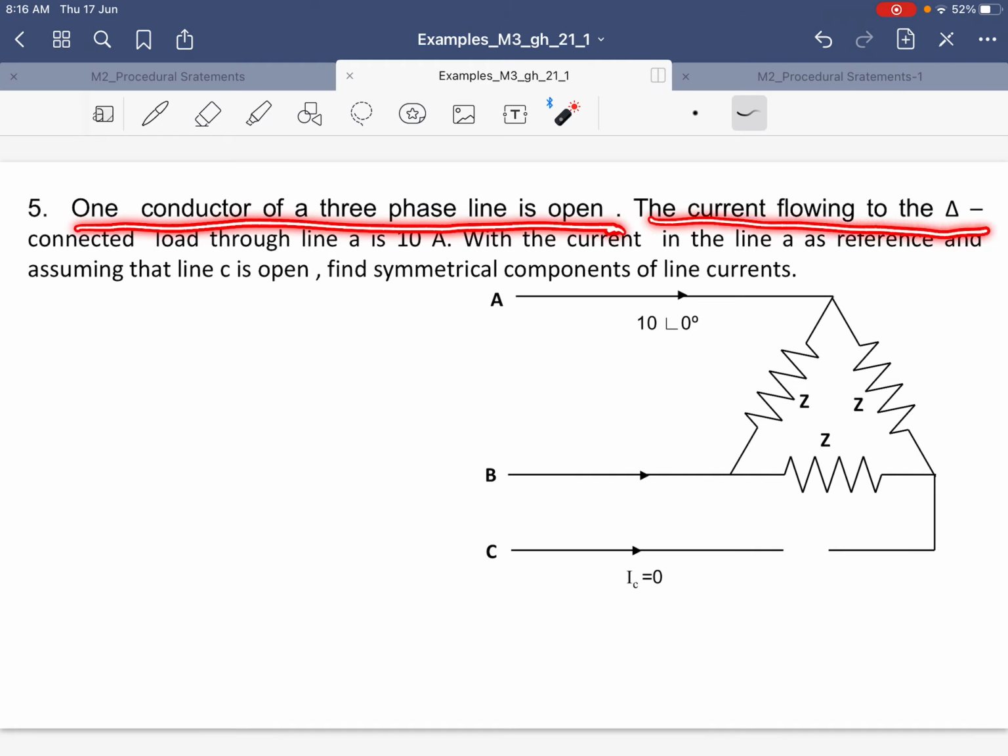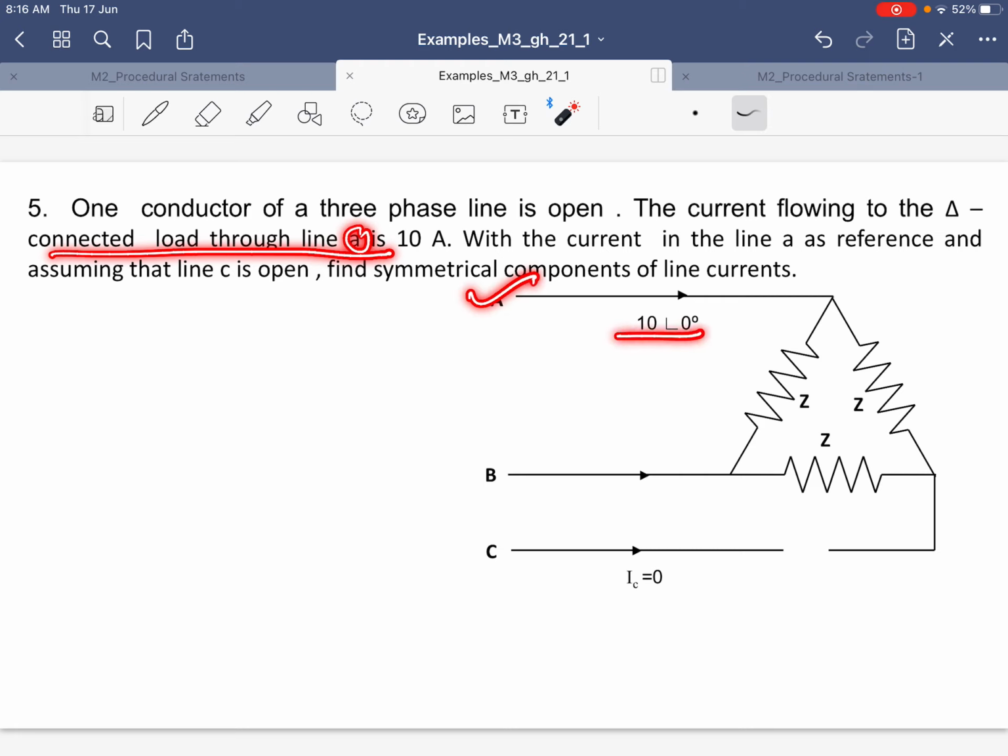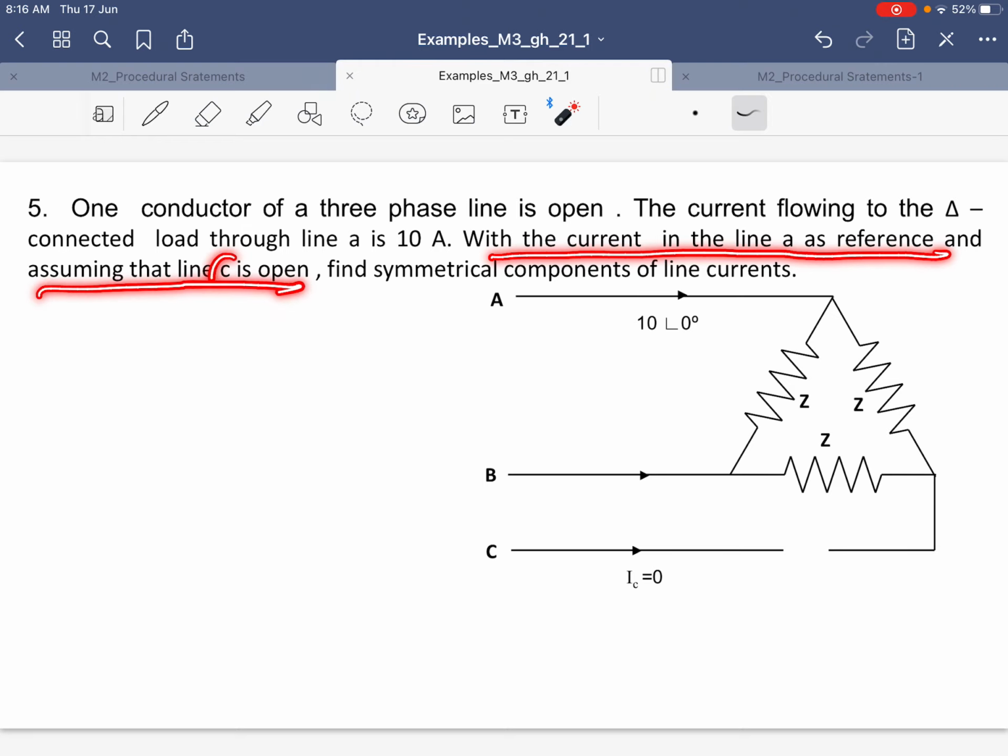The current flowing to the delta connected load through line A is 10 amperes. With the current in line A as a reference and assuming that line C is open, find the symmetrical components of the line current.